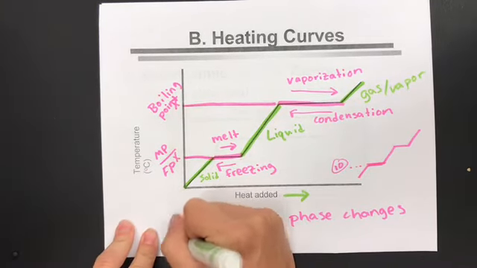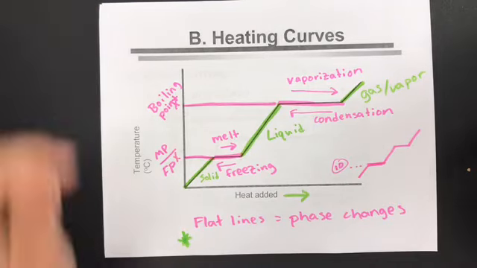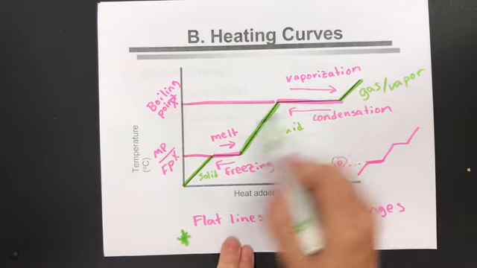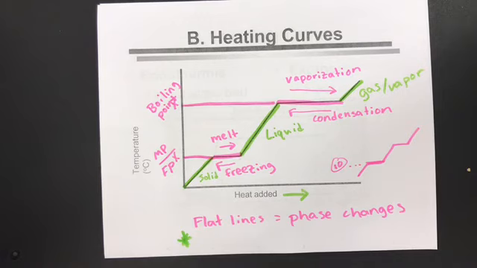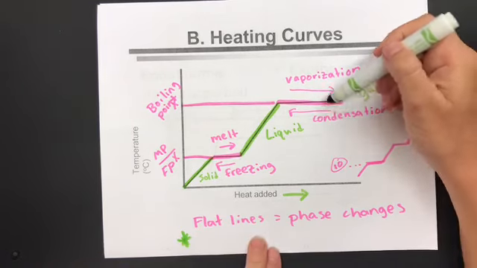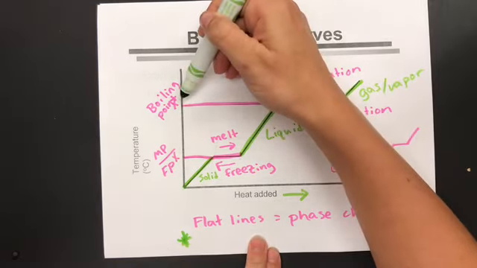The most important thing out of this entire video is what I'm about to write next. We've already talked about these flat lines being the phase changes. Why are they flat? It's because that temperature is remaining the same.